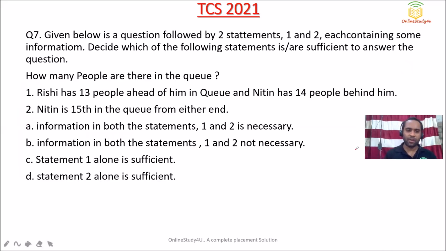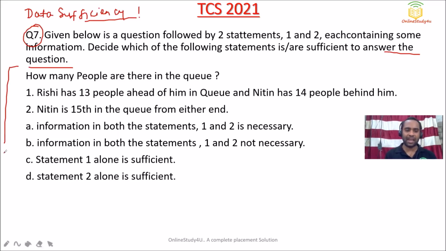Okay, now question number 7, friends. So this is a question of ranking test, and this will be asked in the form of data sufficiency. So given below is a question followed by two statements, 1 and 2, each containing some information. Decide which of the following statements are sufficient to answer the question.